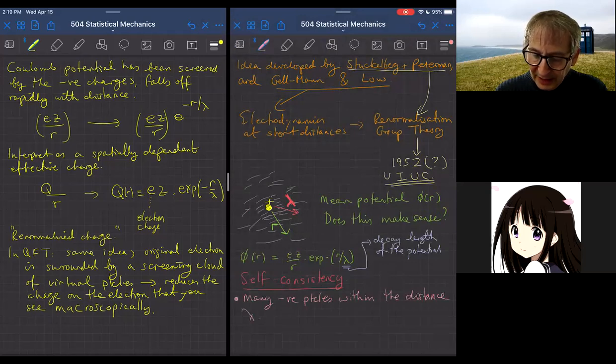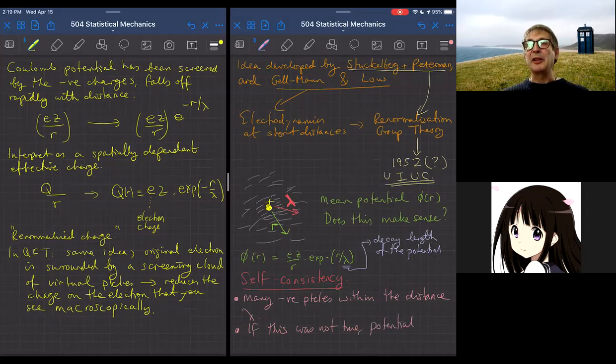And why do we need that? Because if this was not true, then the potential wouldn't be screened, because you need lots of negative particles between you and the positive in order to screen things.